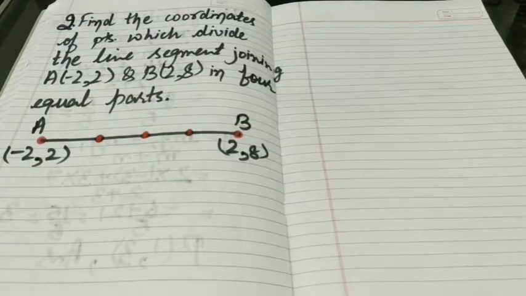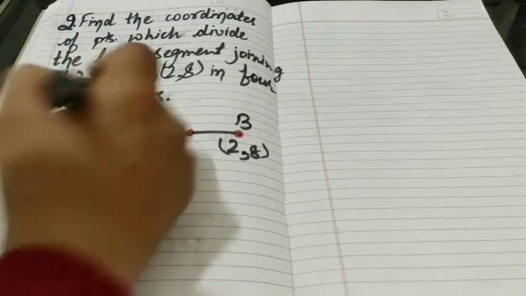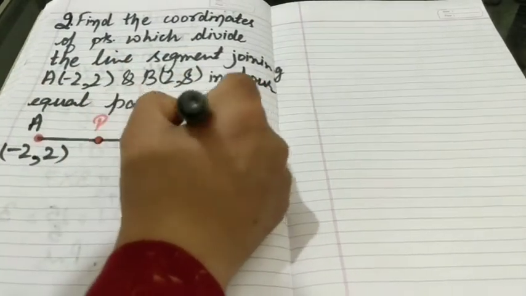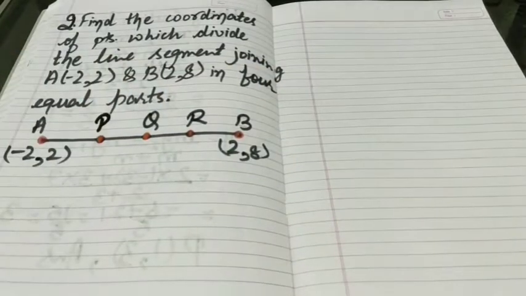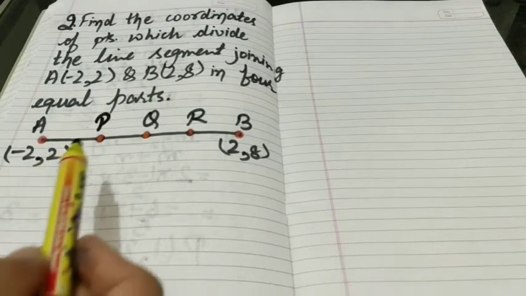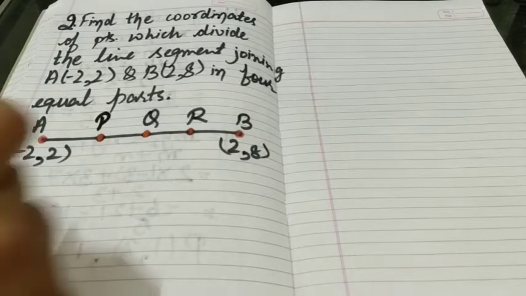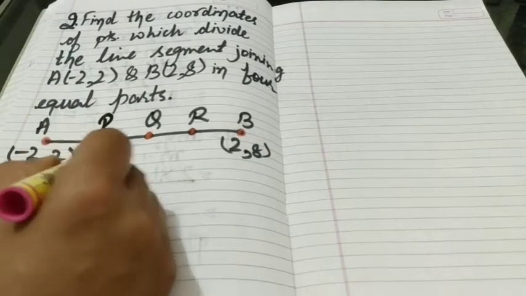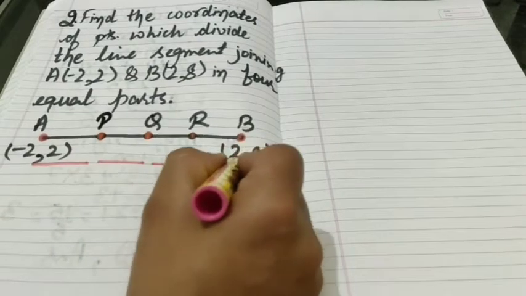So let this point be P, this Q, and this point R. So 3 points P, Q and R lie on line segment AB such that they divide line segment AB in 4 equal parts, which are AP, PQ, QR and RB.